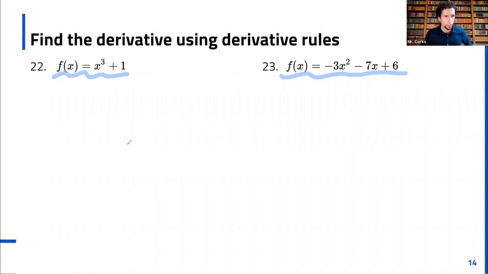Okay, let's try these out. So our first one, if our function is f of x, then our derivative is what? Let's practice saying the left side of this as well.